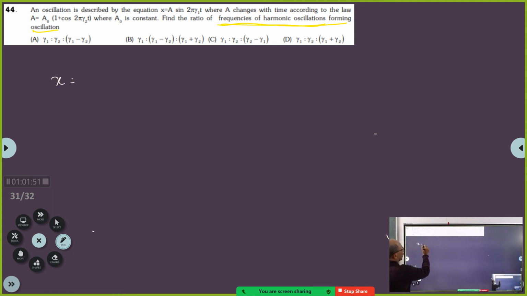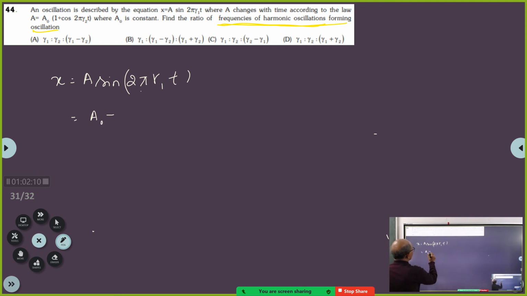The basic thing you have been given is A sin of 2 pi nu 1 t. This is the first one. Now they told that A is itself a function of t. So you write this. What is A?